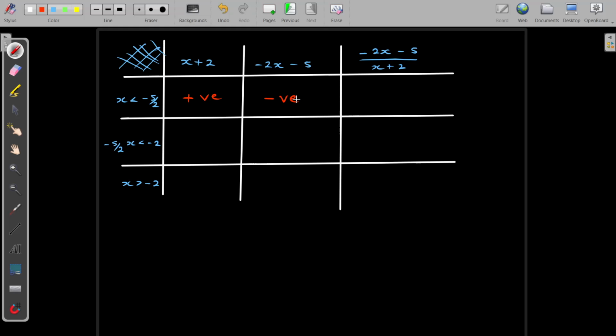You can go through and double check these when I send the document. So this is negative, negative, positive, because we're dividing here. So positive divided by, no, negative divided by positive, negative, negative divided by negative, positive, and so on. So this is negative, positive, and this results in negative.